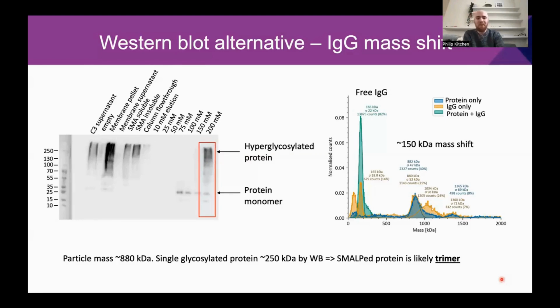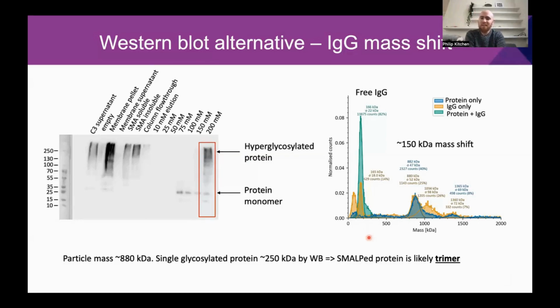And so the basic idea is that you take your protein, you put it on the mass photometer, you then add an antibody against your protein, put it on the mass photometer again, and look for a mass shift that's consistent with antibody binding. And so that's an example of exactly that on the right-hand side.